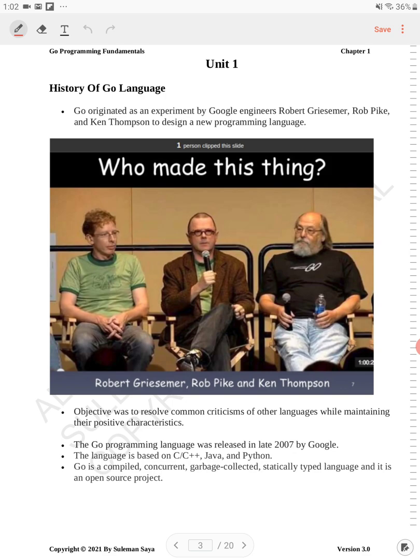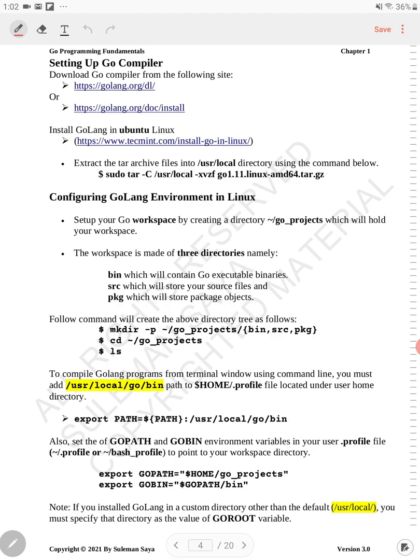So let's now look at how to set up the Go compiler for your computers. In my notes, I am basically going over how to set up the Go compiler under Ubuntu Linux, because I do not use Microsoft Windows.